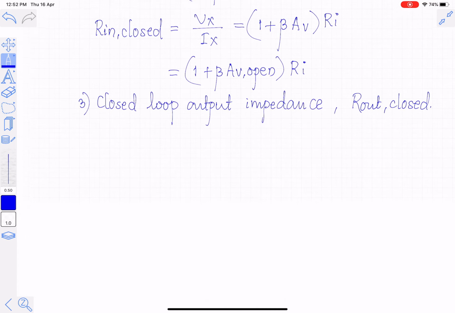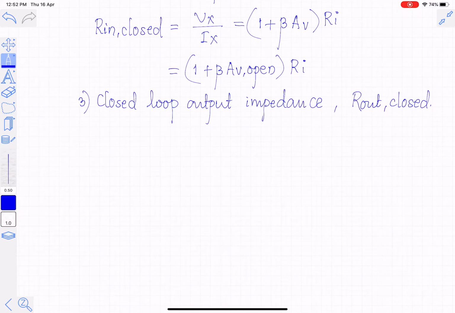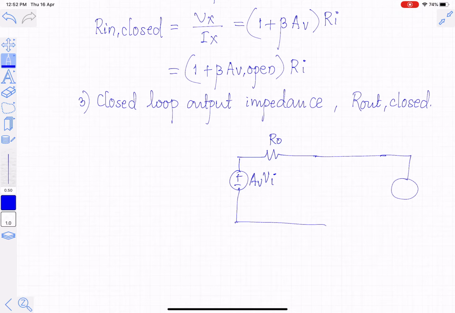Now, in order to find out the output impedance, we should apply a known voltage source across the output terminal. So at the output terminal we have voltage source Av into Vi, then we have Ro. We have to connect the known voltage source plus minus Vx. We have to find out the current drawn from this, Ix.